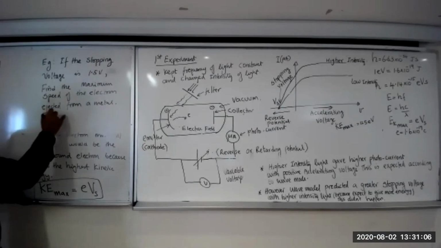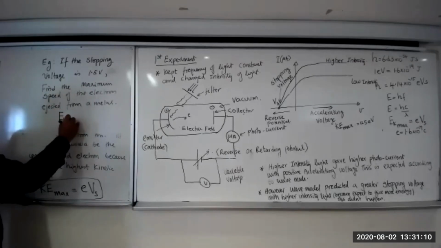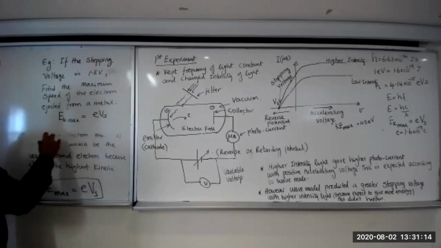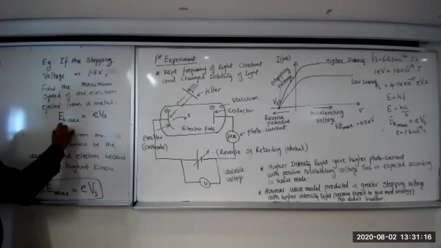So we know that Ek max is equal to eVs. This is half mv squared. We don't consider any relativistic effects.